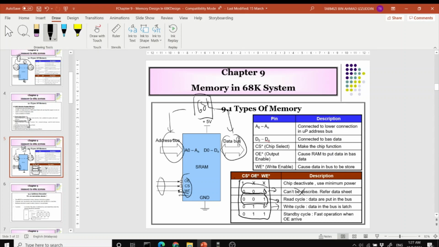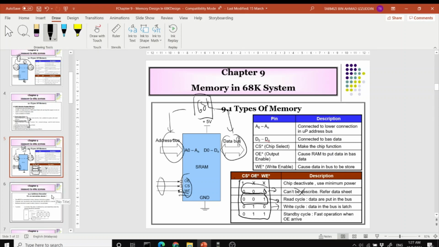This is for fast operation. When output enable is put to 1, the data inside this memory will be immediately put on the data bus.